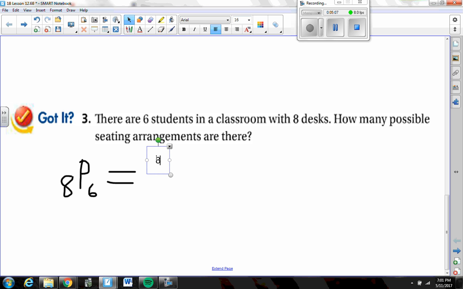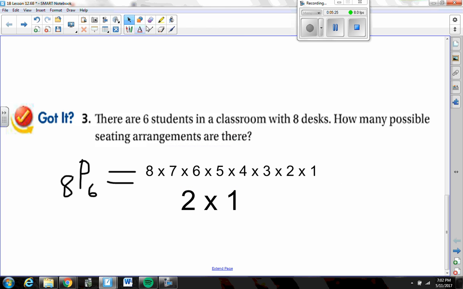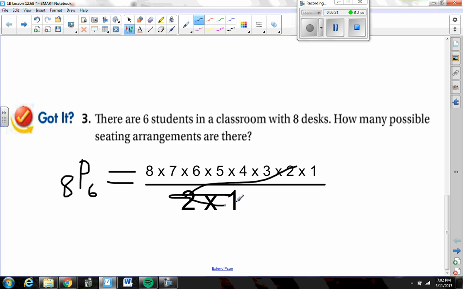The top of the fraction we know is 8 times 7 times 6 times 5 times 4 times 3 times 2 times 1. The bottom of the fraction is 8 minus 6 factorial, which again is just 2 times 1 because it's 2 factorial. And when I make a fraction out of this, I can cancel out the 2's, I can cancel out the 1's, and I'm just left with 8 times 7 times 6 times 5 times 4 times 3.